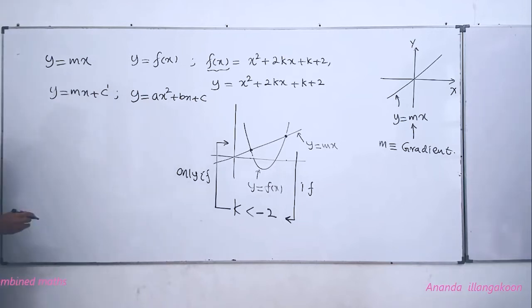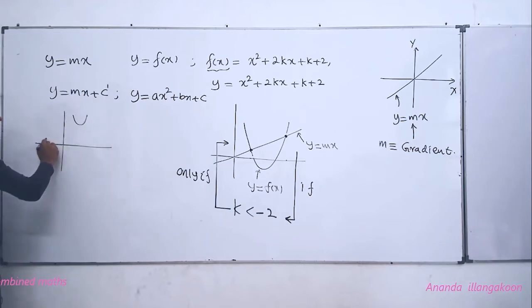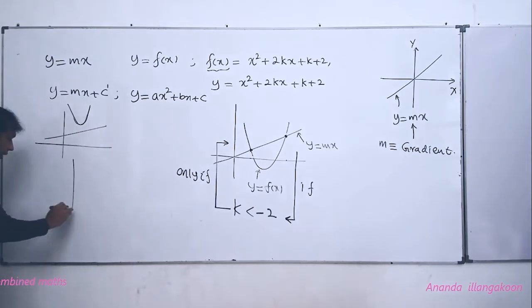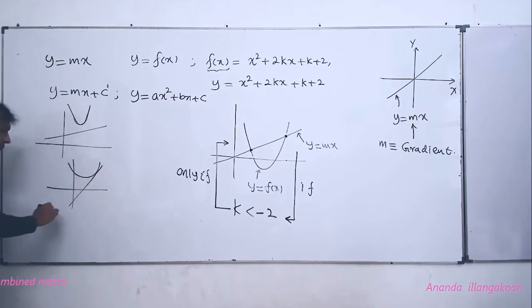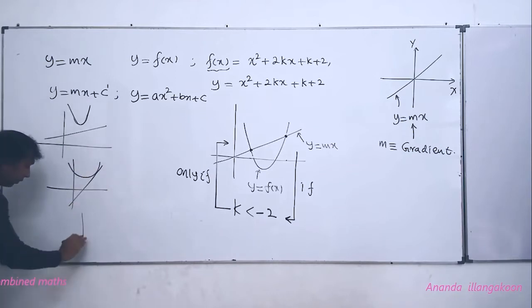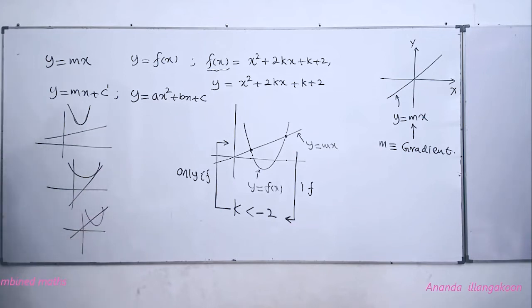We said there, when we draw this graph and the line on the same diagram, sometimes the graph and the line do not intersect like this. Sometimes the graph and the line touch like this. Sometimes the graph and the line intersect like this. There are 3 possibilities.